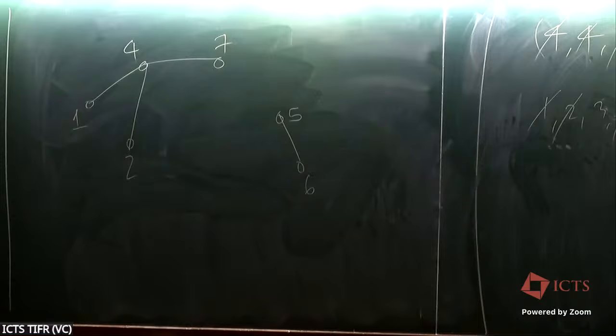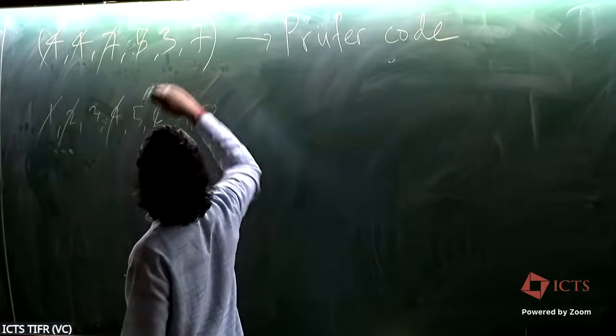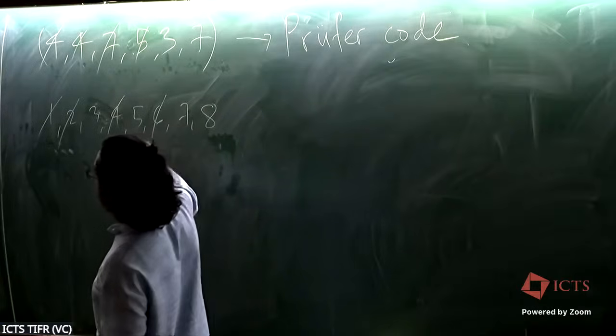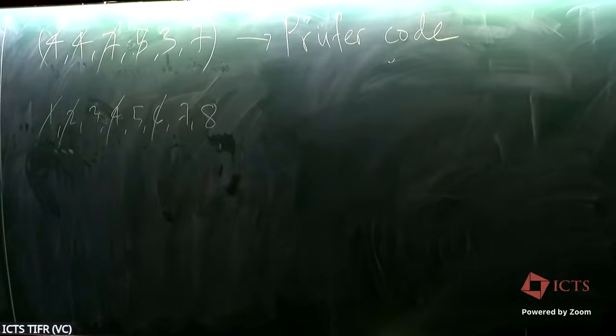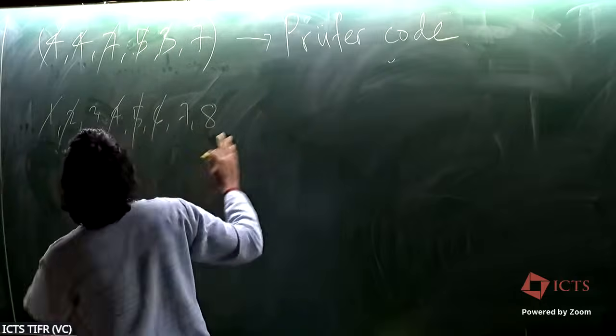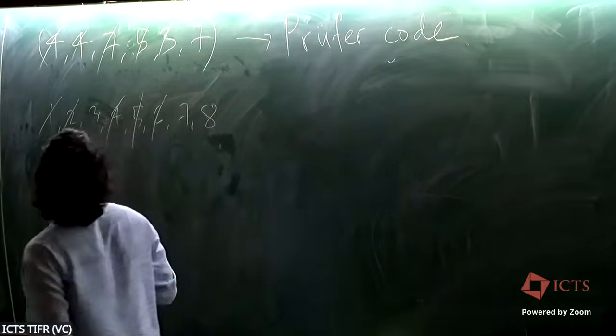Okay. So let's get rid of 6. What's the smallest element here which doesn't appear here? 5, right? So join 5 to 3. What's the smallest element here which doesn't appear here? 3. Join 3 to 7.